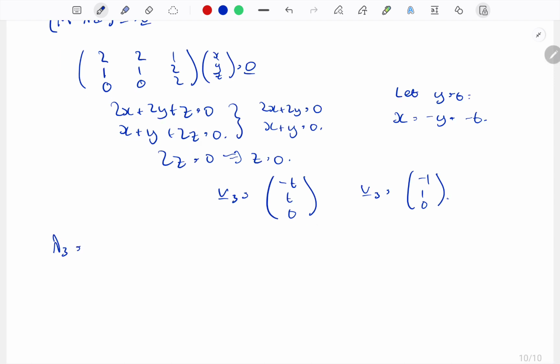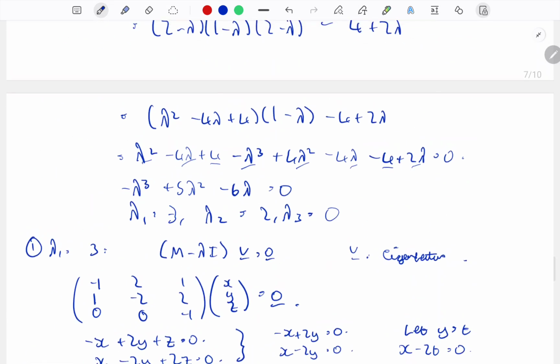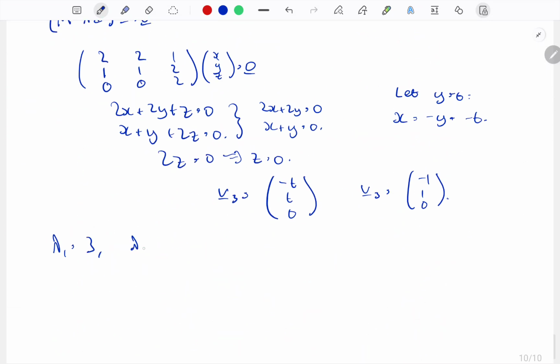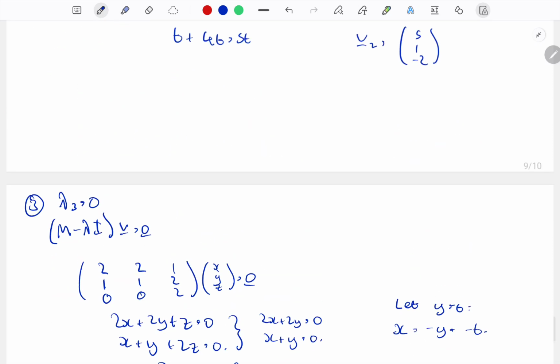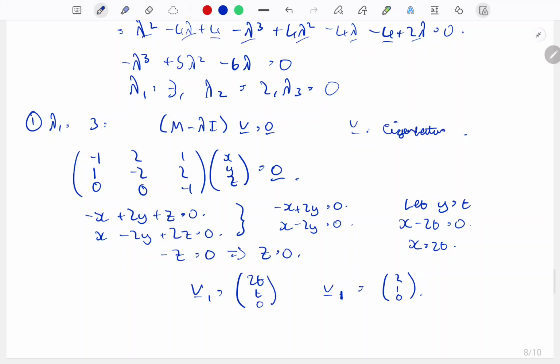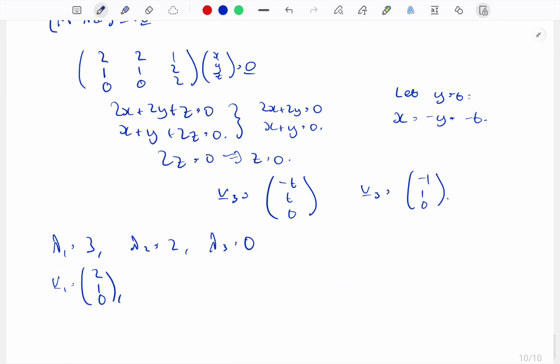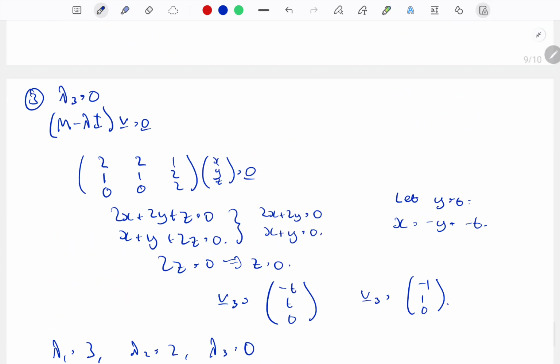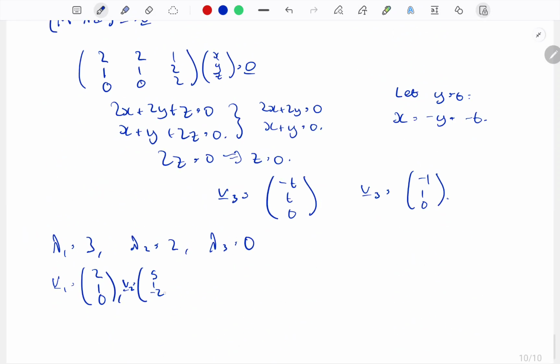Therefore, our three eigenvalues are lambda 1 is equal to 3, lambda 2 equals 2, lambda 3 is equal to 0, and the corresponding eigenvectors are (2, 1, 0), (5, 1, minus 2), (minus 1, 1, 0).